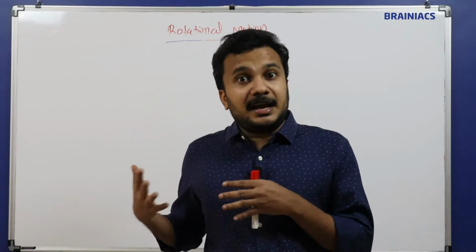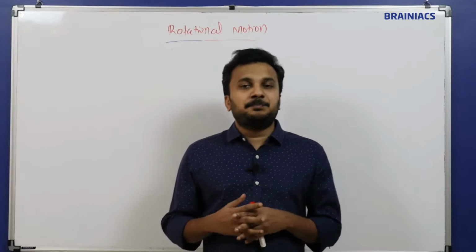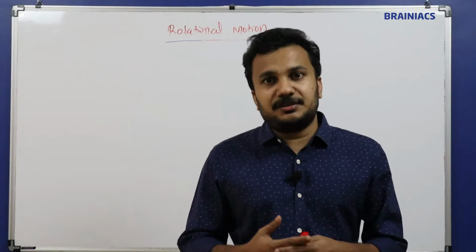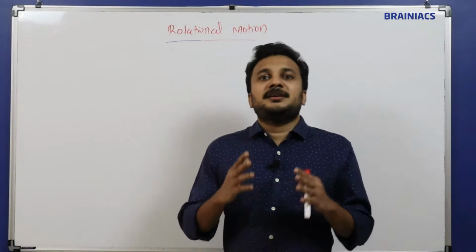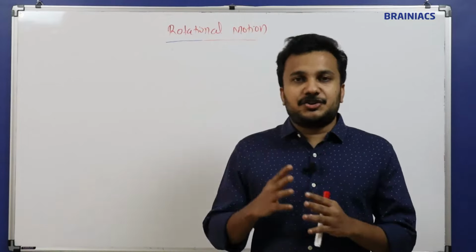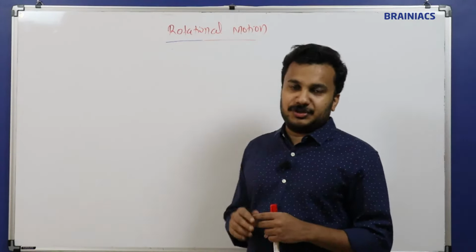So here dr by dt will come. So dr by dt is nothing but velocity. Again we are differentiating the velocity, we will get acceleration. So center of mass is related with velocity and acceleration in addition to the position vector. That is the next topic we are going to see now.